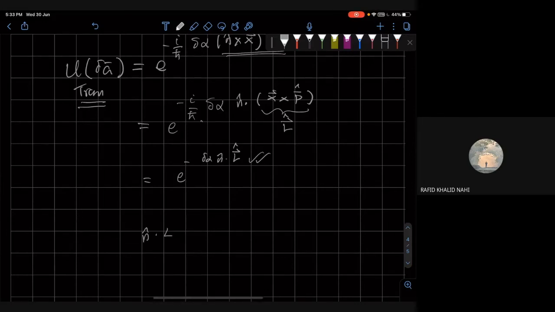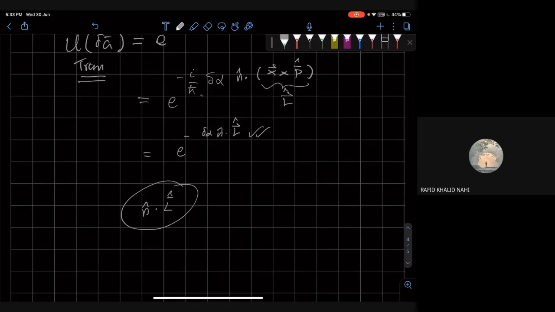So now, n dot L is the angular momentum in the particular direction, right? If I choose my directions correctly, I can even call this, say, L_z. So this operator will commute with itself.